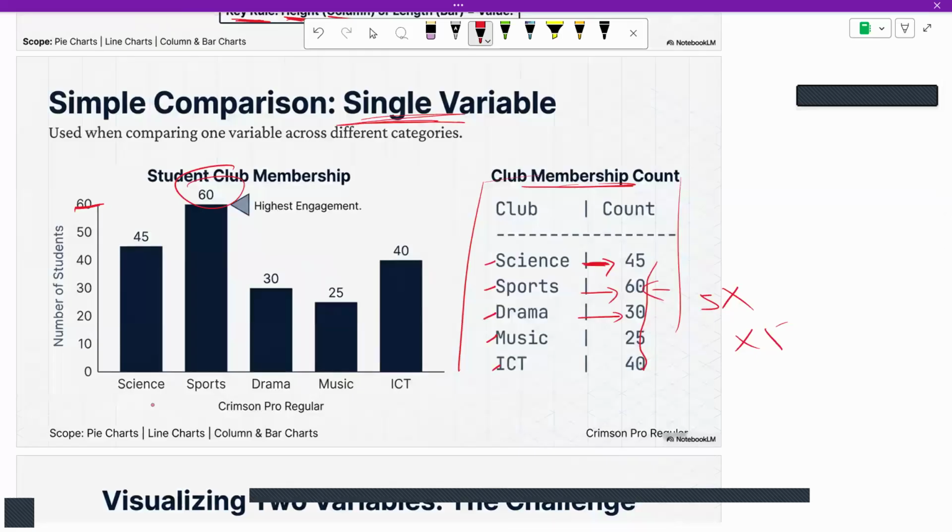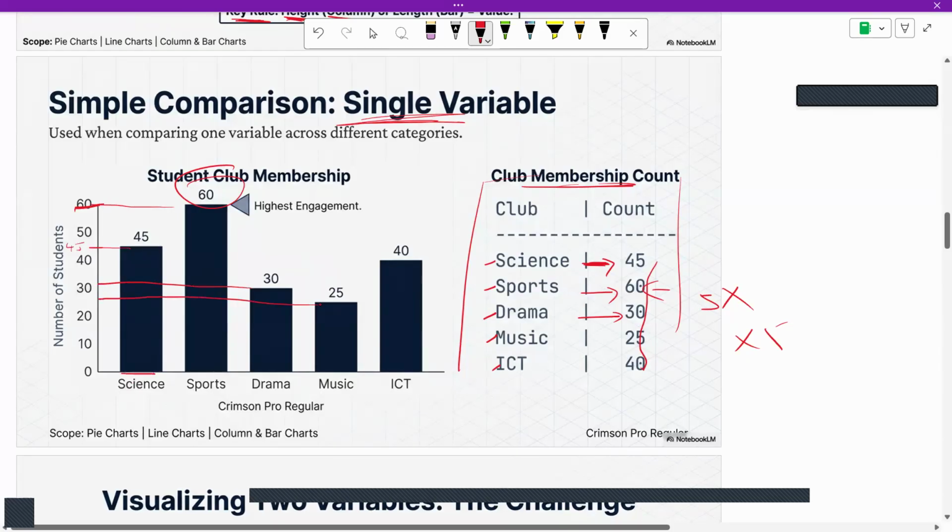First, science. Science is 45. Here we label it science, and here 45. This is 45 and 60 at the top. And the drama 30, right? And here 25.